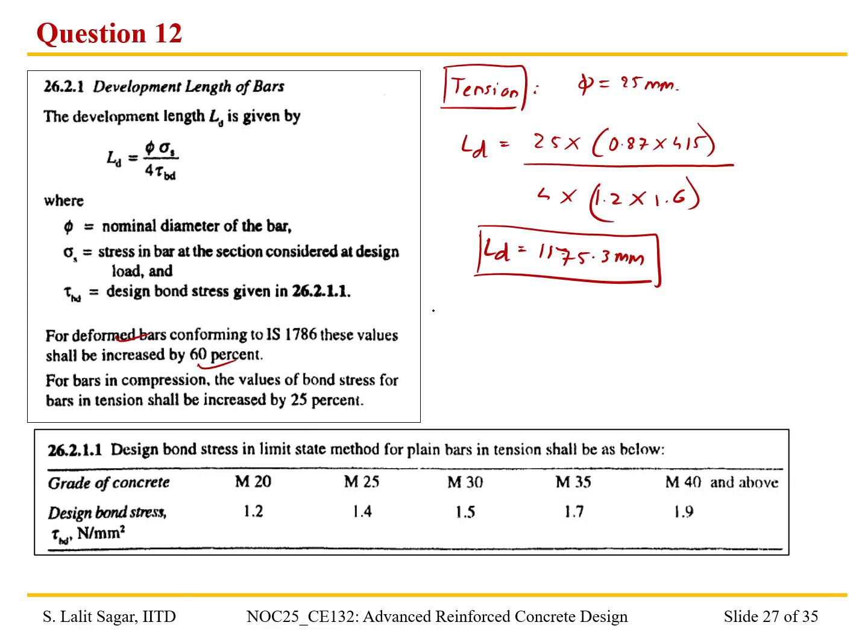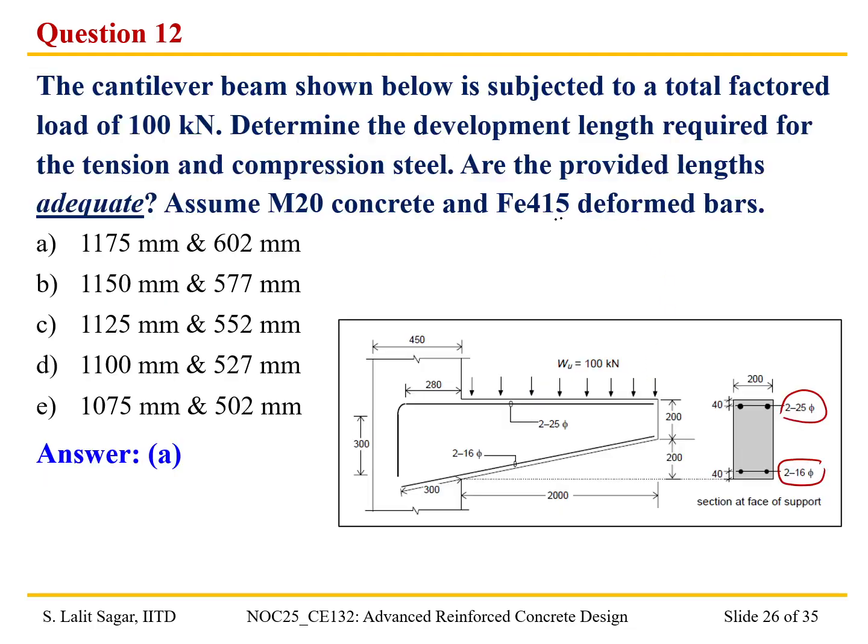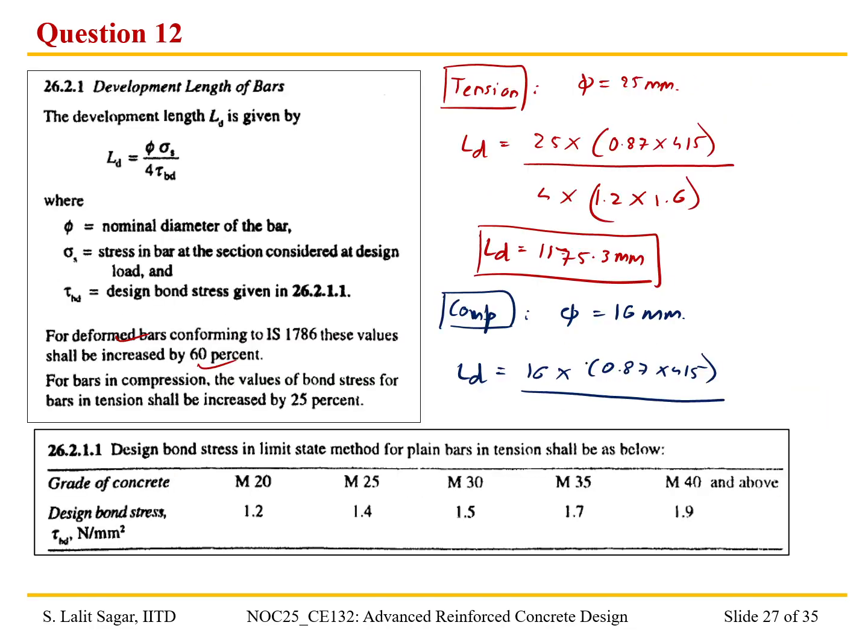For compression, the 16 bar, phi is equal to 16 millimeter. So the value of LD here is given by 16 into 0.87 into 415. I hope I have specified the value of Fy in the question. Yes, it is given, and it's a deformed bar.